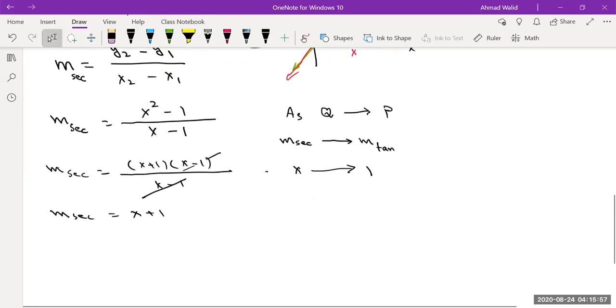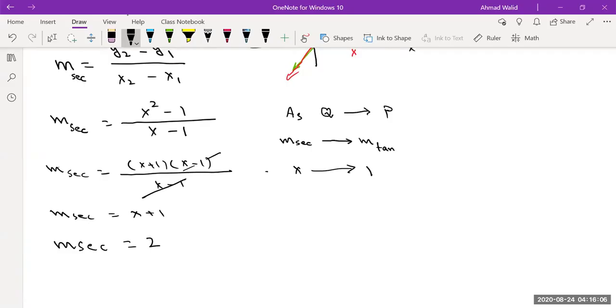And if I plug in 1 here, the slope of the secant line becomes equal to, let me do a jump here, 2. When Q is going really close to P, the slope of your tangent line is what? 2. Here you go. Now you have the slope.